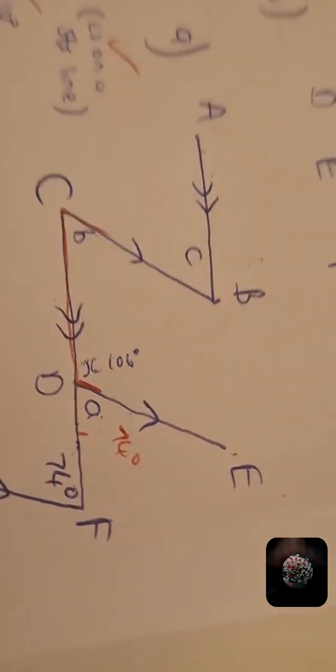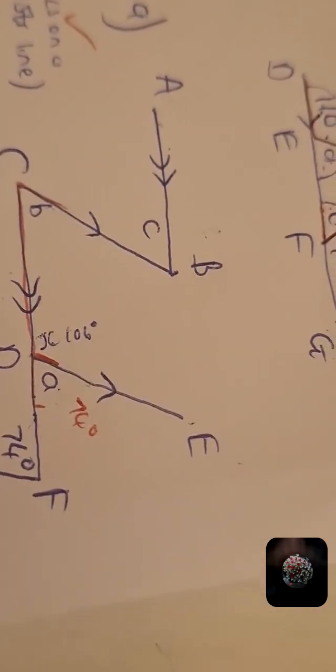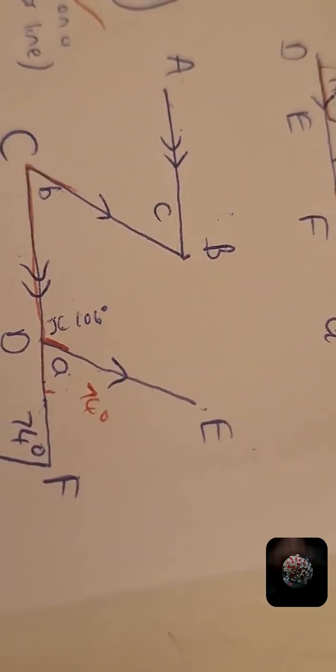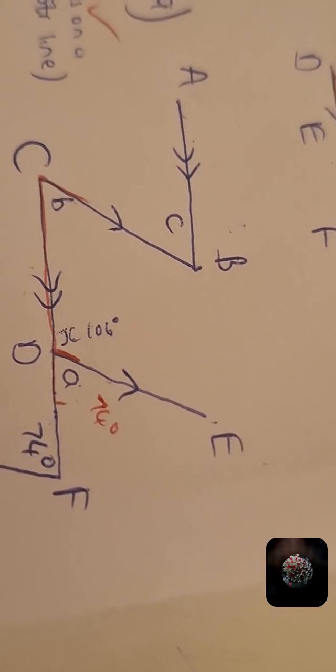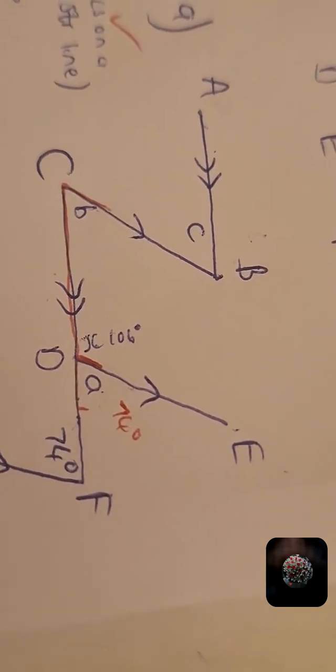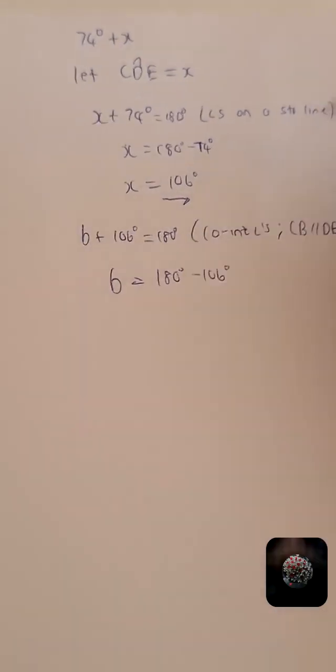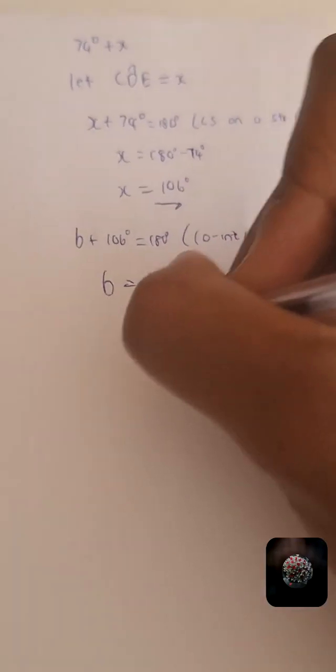And then the reason: co-interior angles, if CB is parallel to DE. Then we solve for B. B is equal to 180 minus 106, which is equal to 74 degrees.